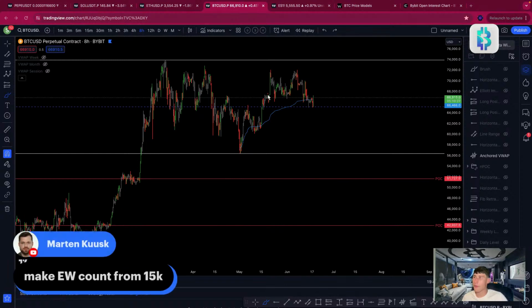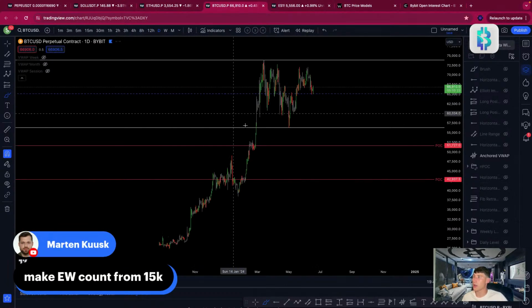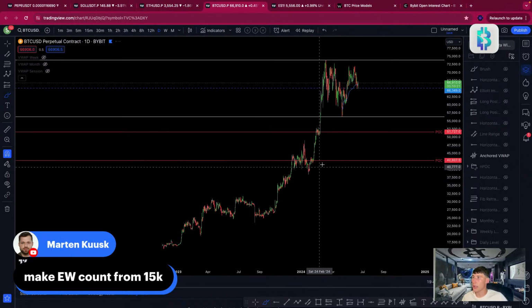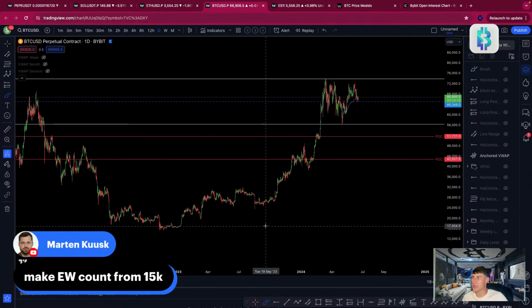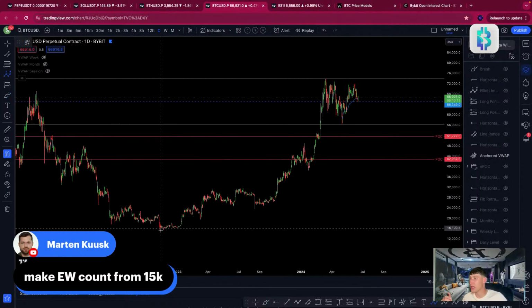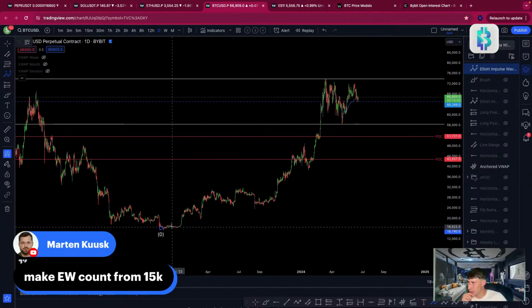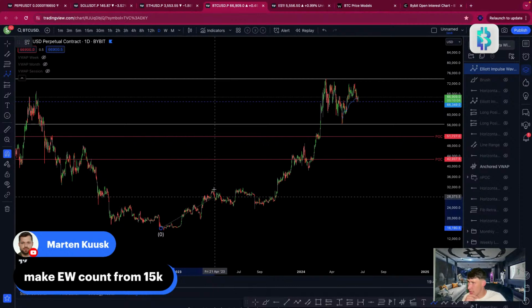Make Elliott wave count from 15K. Yes, of course, I can visibly see it in my head without even drawing it. We've just got bullish Elliott wave count after bullish Elliott wave count. So where do we want to take it from? It depends. There are so many points that you can take it from.